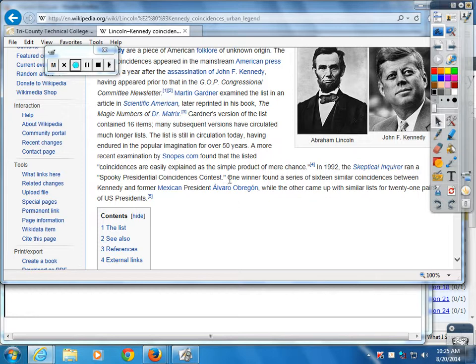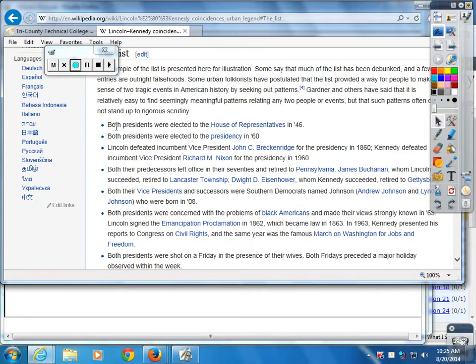It's the list. Both presidents were elected in 46. Both presidents were elected to the presidency in 60. Lincoln defeated incumbent John Breckinridge for the presidency in 1860. Kennedy defeated incumbent President Richard M. Nixon for the presidency in 1960.